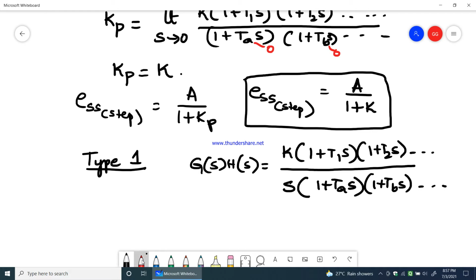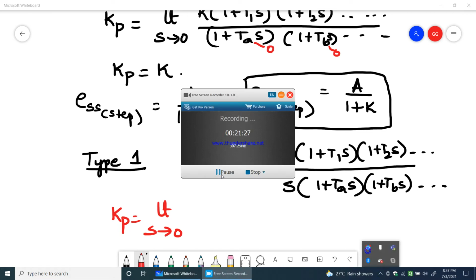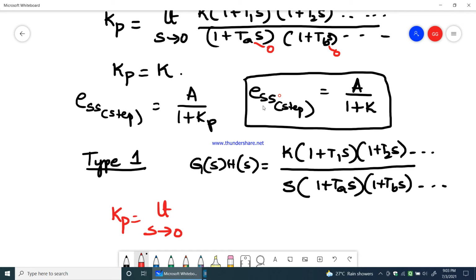Therefore, if I find out what Kp is, Kp equals limit s tends to 0 of G(s)H(s). For a type 1 system we are actually defining Kp.